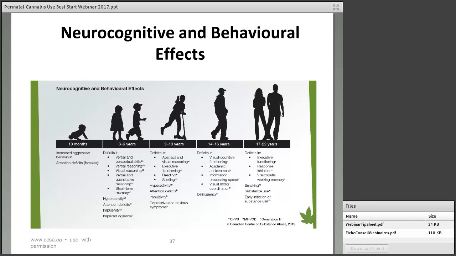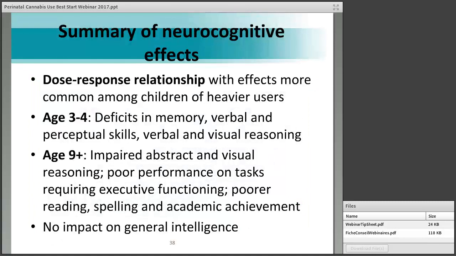The only study that found early effects was the Generation R study, and they found an increased risk of aggressive behavior, particularly among girls in their population of interest. So again, when we look at neurocognitive effects, so effects on brain development, we know there's a dose-response relationship. There's more likely to be effects among children of heavier users.